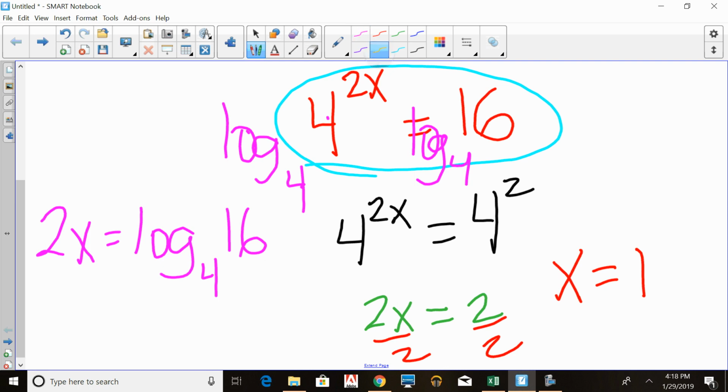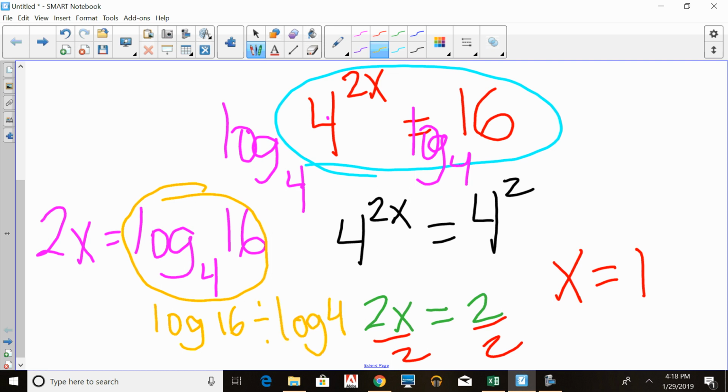To figure that out, put it in your calculator if you have one that can do that, or you do log 16 divided by log 4. Make sure if you have a calculator, put some parentheses, close them before you hit the division sign, and then you would find out that that is 2. And then you would solve it the same way.